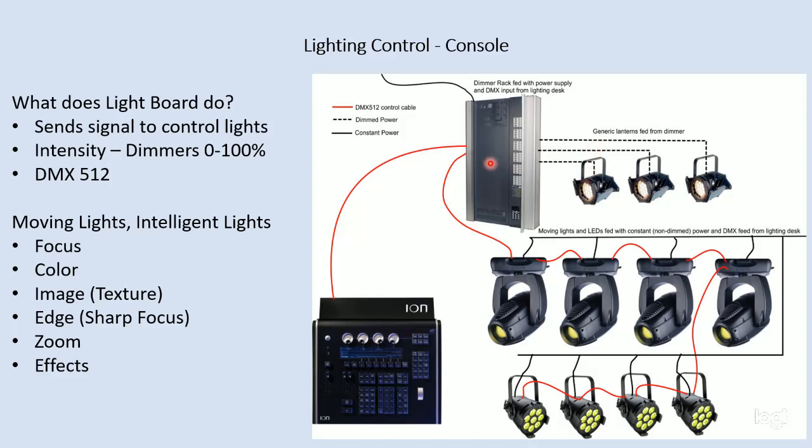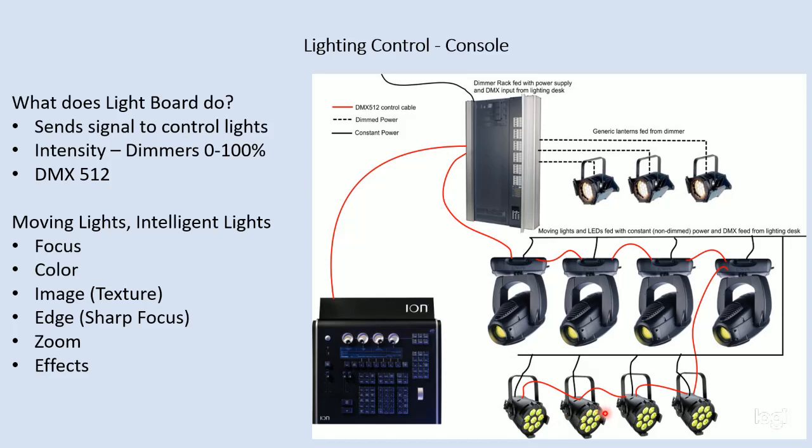To continue, DMX also feeds intelligent lighting or moving lights. They call them intelligent lights, except they're really not intelligent. They only do what you tell them to do, so you have to give them commands to be able to make them do their thing. A moving light can obviously adjust its position, or its focus, where it points on the stage. They can change color.